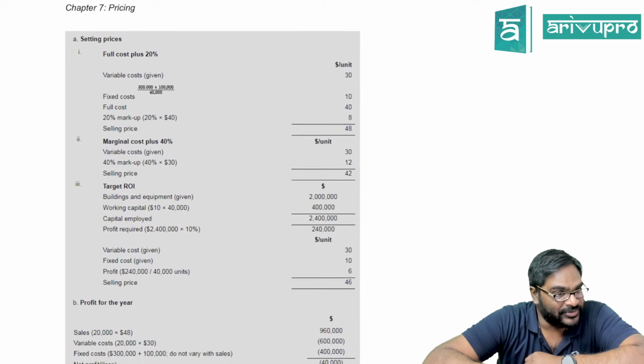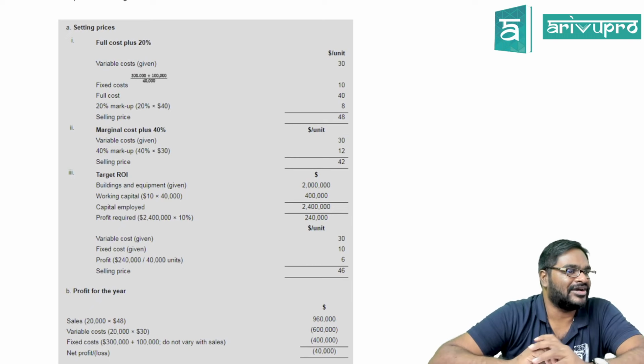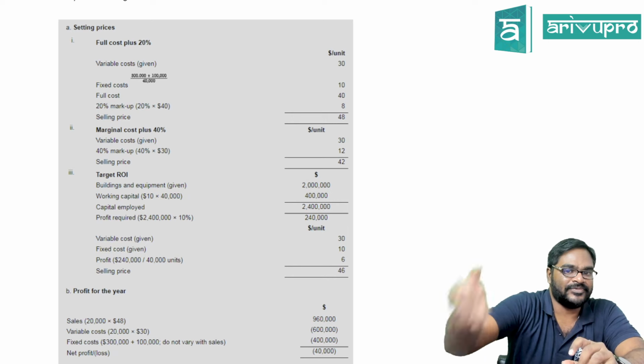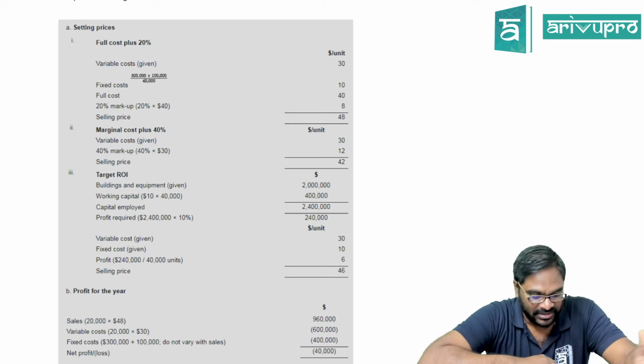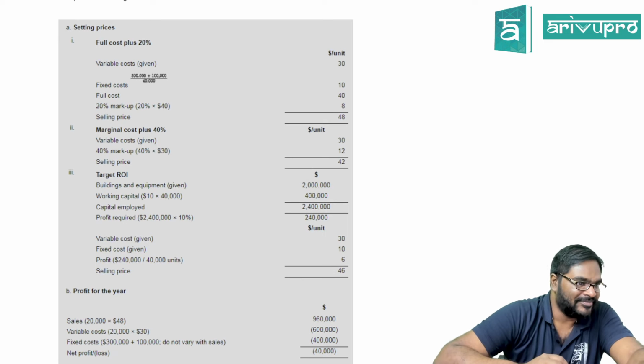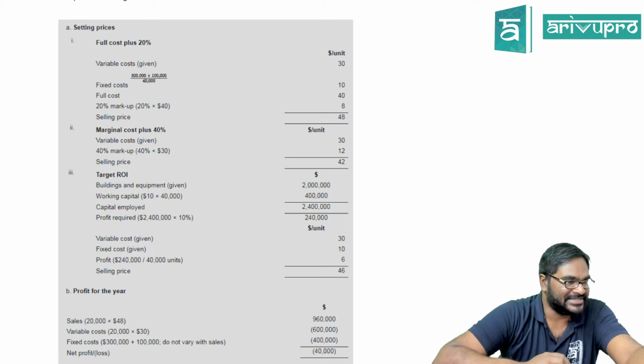Final one, ROI. For ROI, we have to figure out how much is the capital employed. It means how much are the funds the investors have brought in. Buildings, who's going to give? We are a startup, right? So the building, who's going to invest? Investors could invest, isn't it?